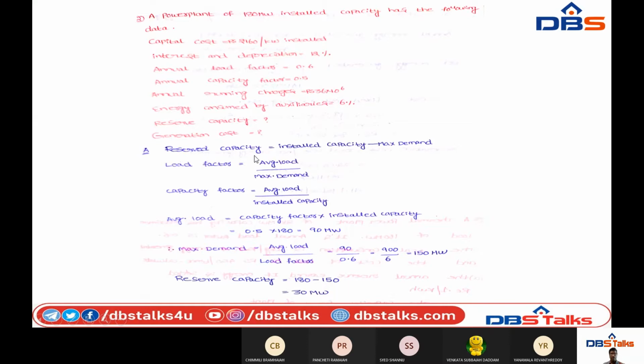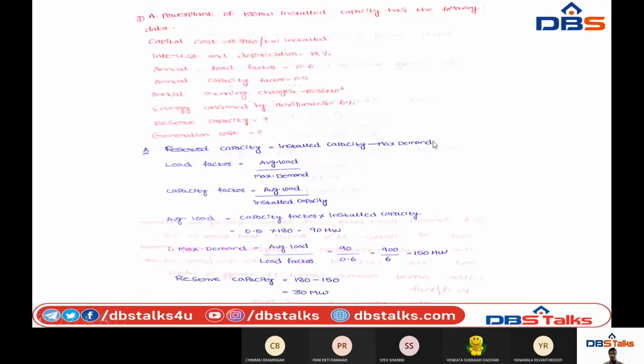Already we know that reserve capacity can be found by subtracting the maximum demand from the installed capacity. The installed capacity is given as 180 megawatt. Maximum demand is to be found out.